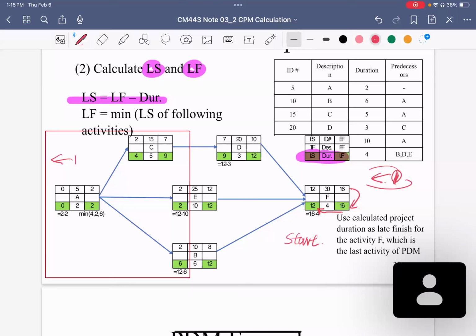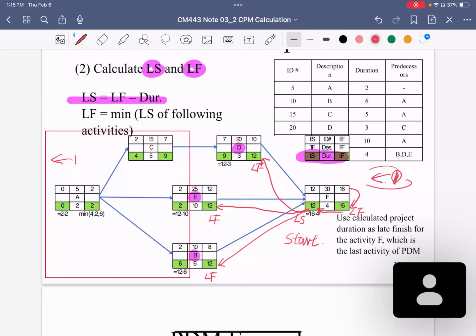Then we refer to D, E, and B here. This is the late start time, this is the late finish time, and we do the late finish time first. The late finish time for D is determined by the late start time of F, so this 12 comes to here, and this 12 comes to here, and this 12 comes to here.